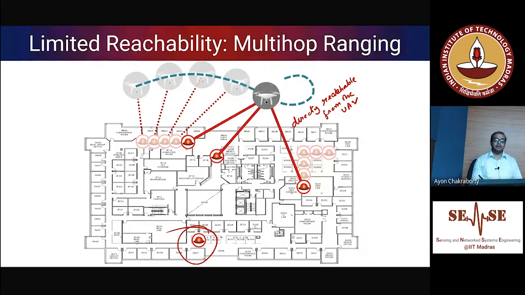So we directly talk to the first, in this example, three nodes 1, 2, and 3. Once we know their locations, node number 4 is going to be localized using 1, 2, and 3.